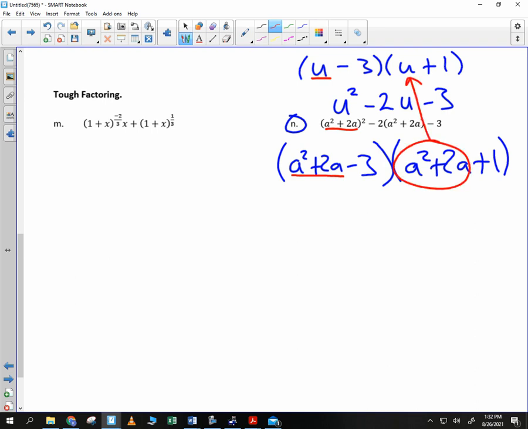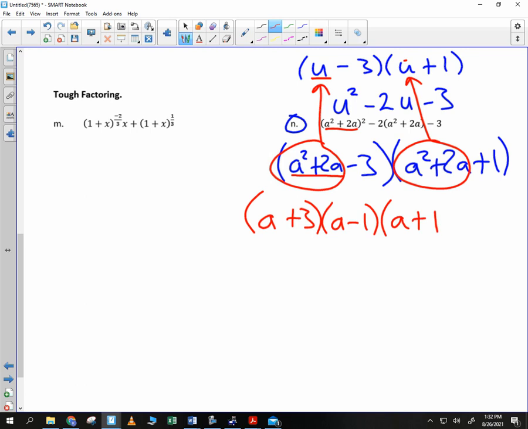This thing is that. This thing is that. That thing minus 3. That thing plus 1. We good? Does a squared plus 2a minus 3 factor? To what? A plus 3 times a minus 1. Look at that. I took a super complicated problem and made it piece of cake upside down.